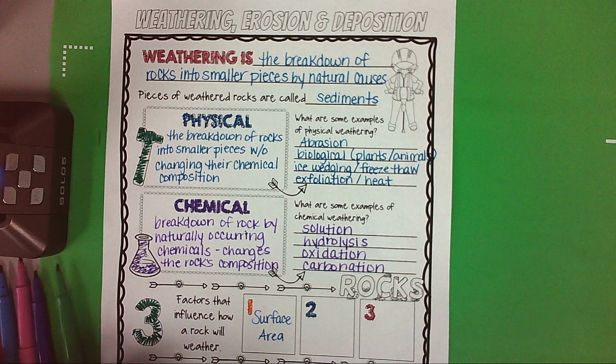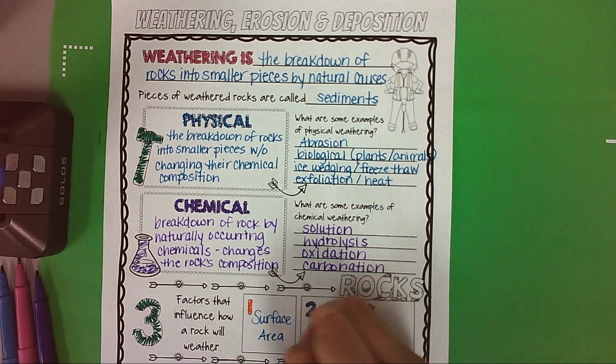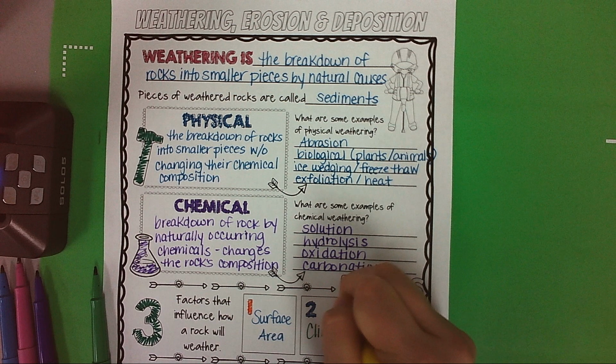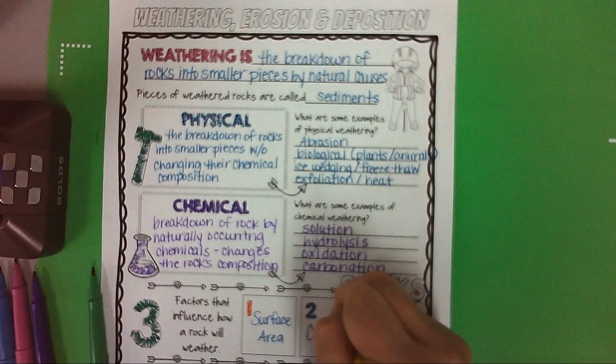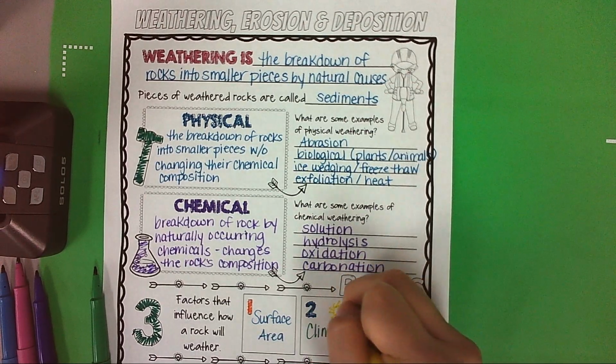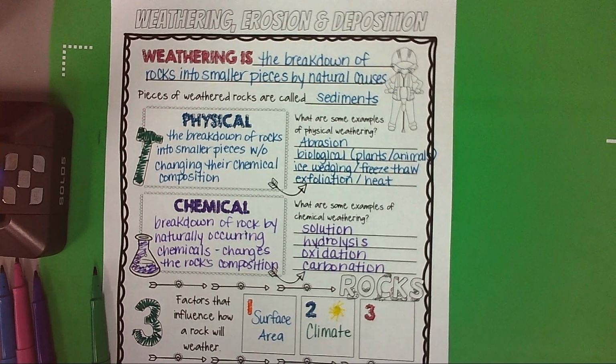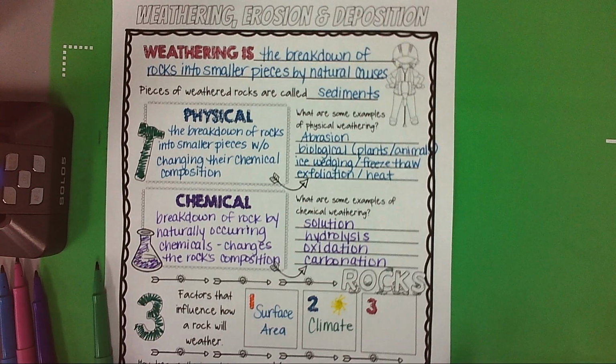Okay. The climate. Climate has to do with temperature and weather conditions. Alright, so I'm going to put a little sun here to make you hopefully think of temperature. Alright, maybe I'll do some clouds.